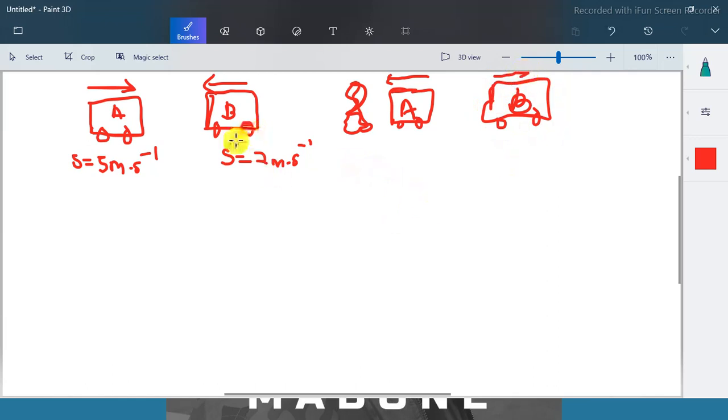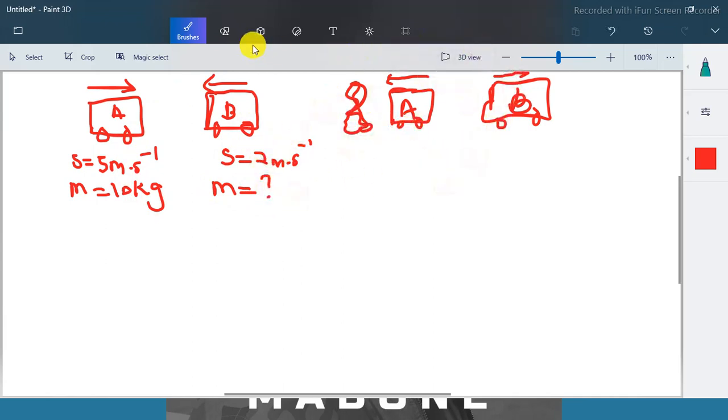All right, guys. So the mass of car A is 10 kg. 10 kg. I'm making an example, guys. I know a car cannot be 10 kg. All right. And then the mass of this one is unknown. Okay.